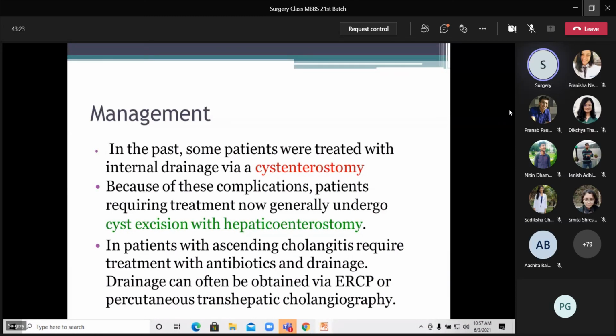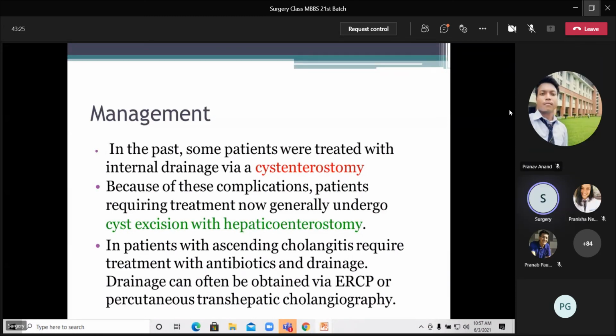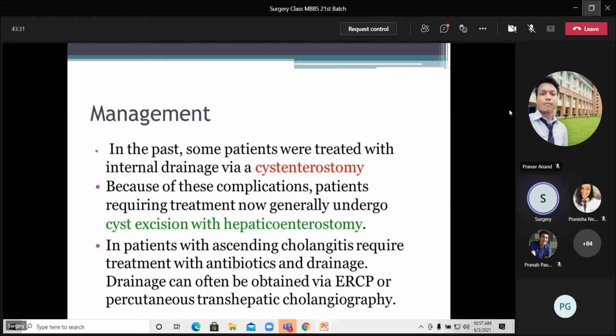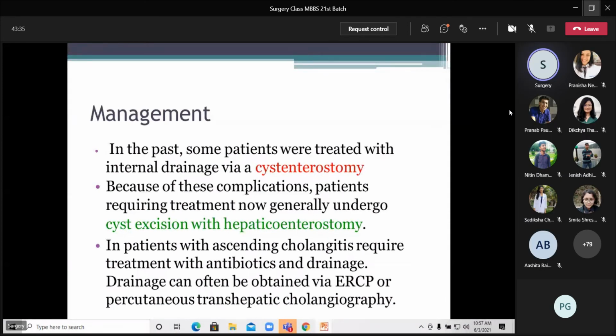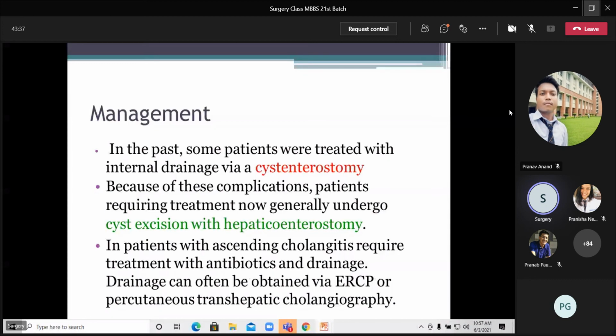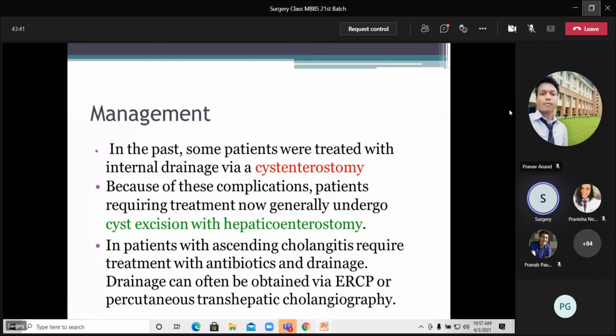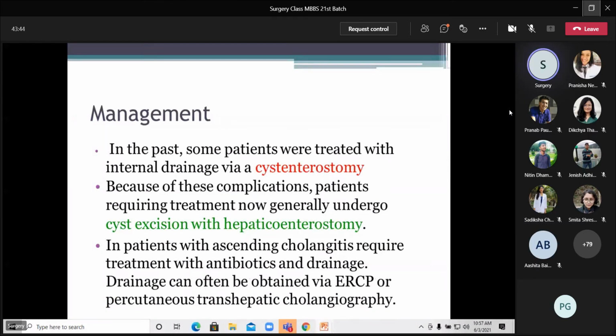If a patient has cholangitis, you manage cholangitis with antibiotics, do an ERCP, put a stent, and drain the infected bile, because the sphincters are not working properly. Once the patient is all right, send the patient for MRCP, find out the details, and then plan for surgery.